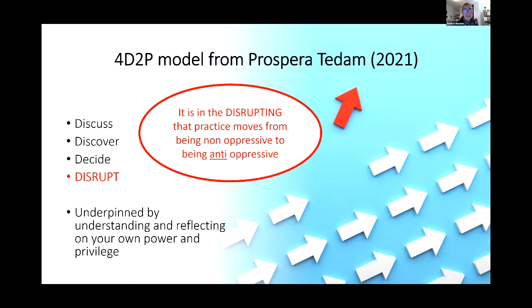Anti-oppressive practice has to be one of our key principles. And yet so many times when social workers talk to me about being anti-oppressive, or when students have written in a reflective account or in an assignment, I was anti-oppressive here, and I'll say to them, great, how were you anti-oppressive?